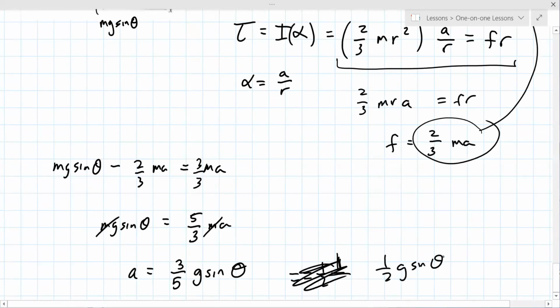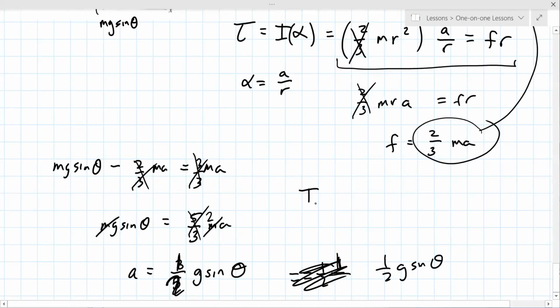Let me look at why they do that. What do they use for I? Their I is m r squared, so they don't have this coefficient in front. That removes that, so you end up getting a 2 here, and then you divide and get 1/2 g sine theta.